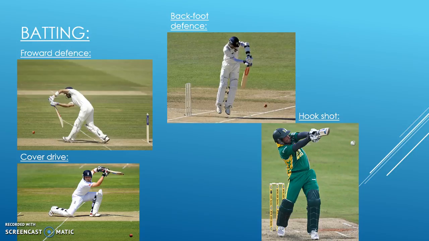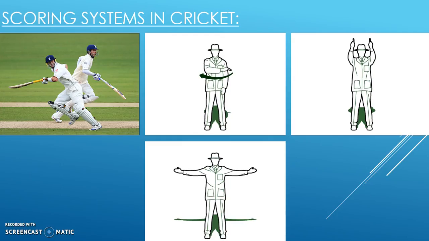Sometimes the batsman will have both feet together behind the line, or sometimes, depending on how brave the batsman is being, will have no feet behind the line. So basically that is a rule that you have to have some part of your body behind the popping line or the batting line, as it's also known as.